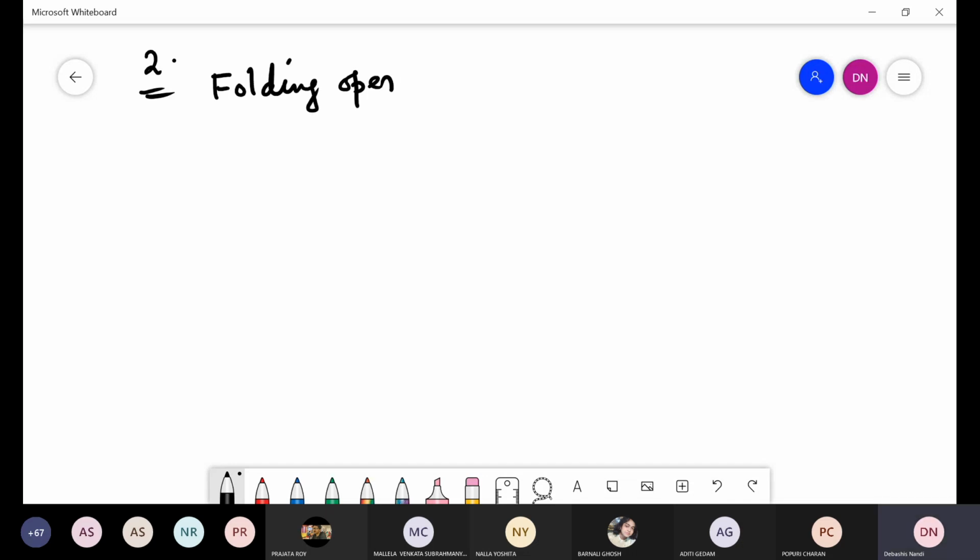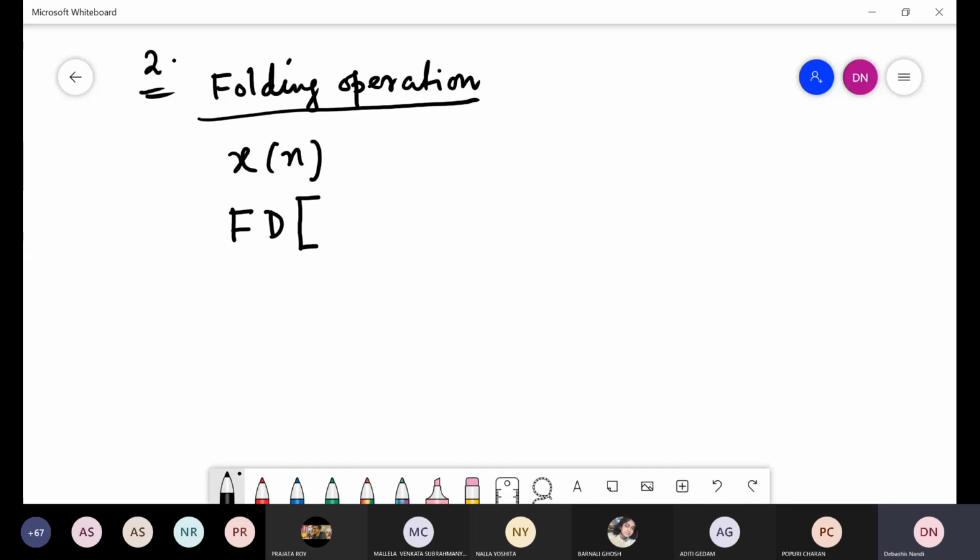Folding operation is also one operation or transformation on the time variable. Suppose you have a signal xn. Then if you perform folding operation on this particular signal xn, the new signal will be x of minus n. It is a time reversal signal.